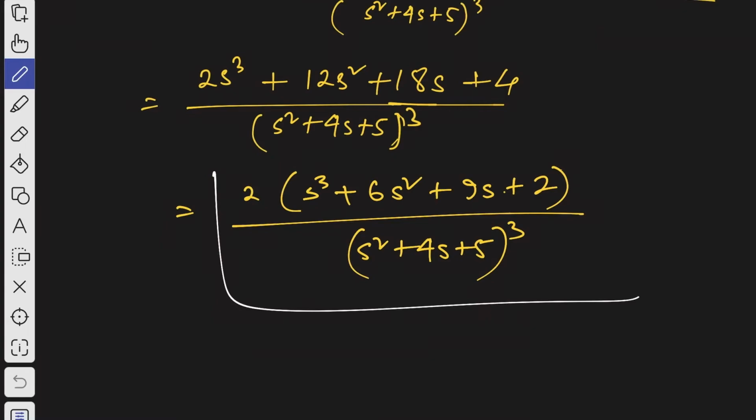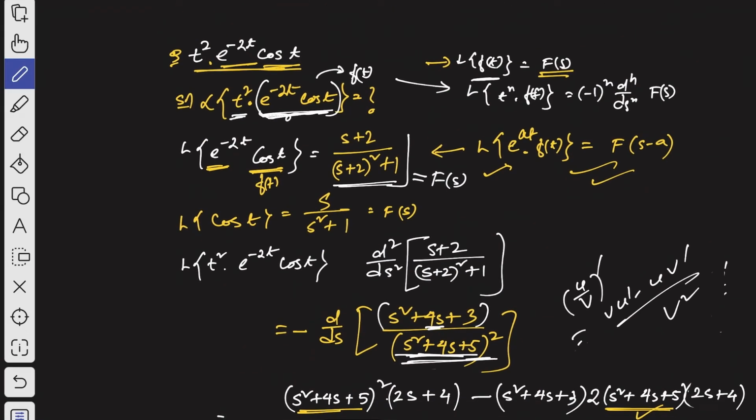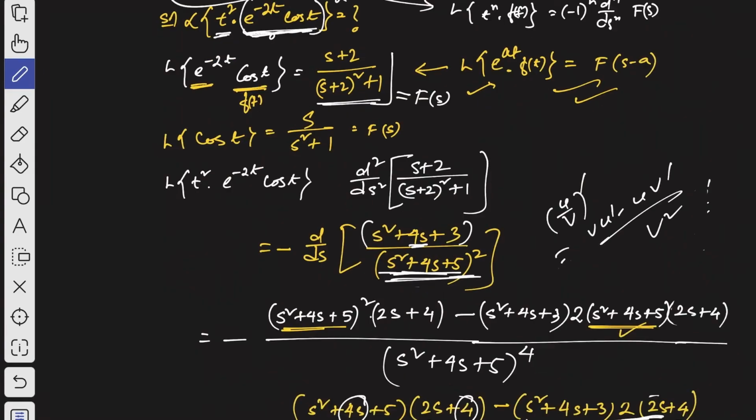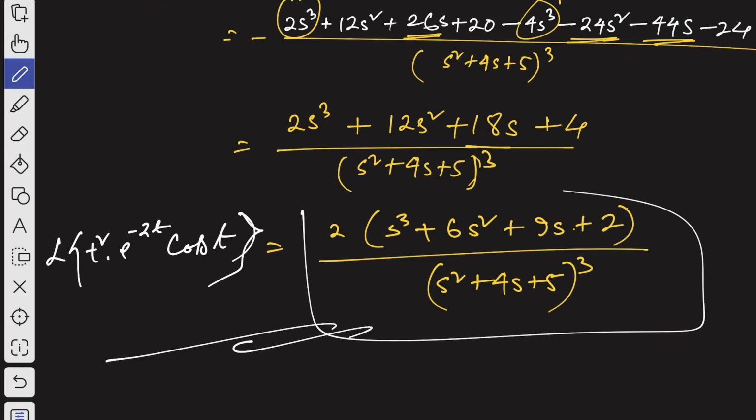So this is the Laplace transformation of this function t square e to the power minus 2t cos t. Okay, so this is the Laplace transformation of t square e to the power minus 2t cos t, right? So hope you have understood this.